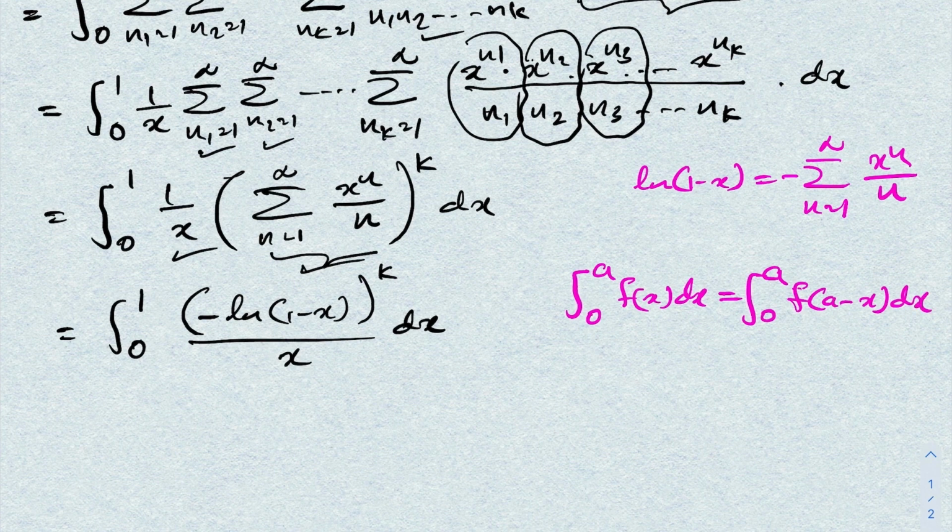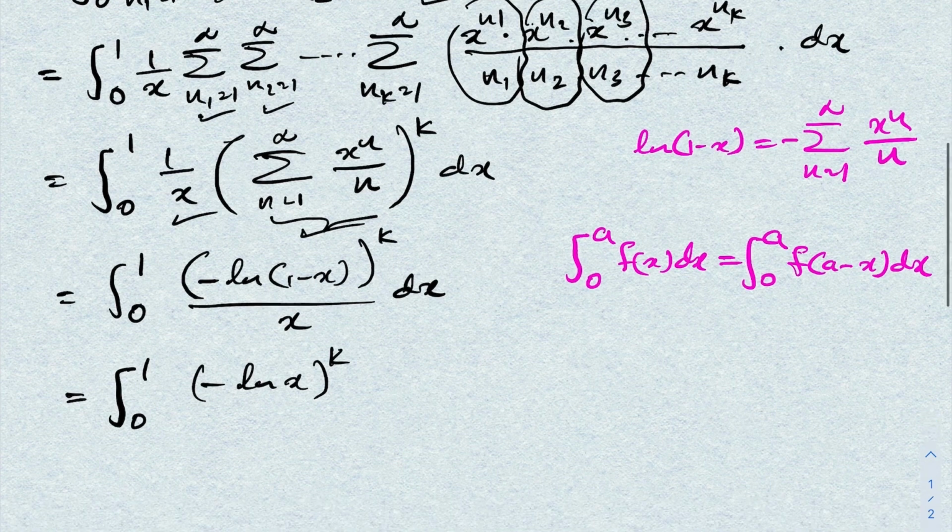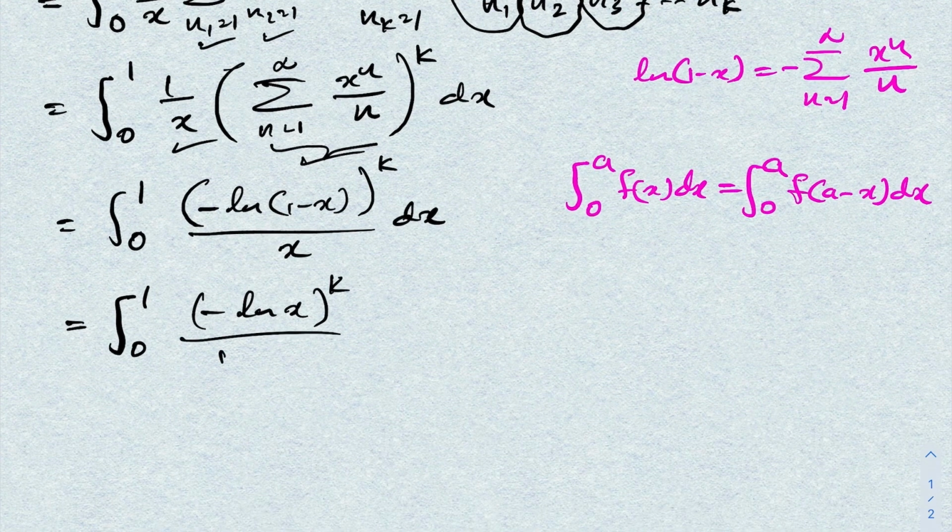So we can write our integral as the integral from 0 to 1 of minus natural log of 1 minus x, so we have x, so minus natural log of x raised to the k power over 1 minus x dx. Now we can take a substitution. Here in the numerator we have minus natural log of x. So minus natural log of x is equal to t. Then natural log of x is equal to minus t. So we can isolate the x.